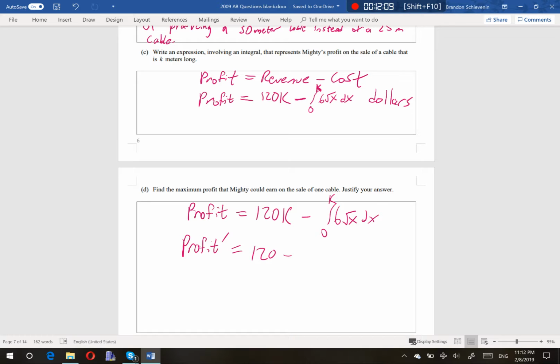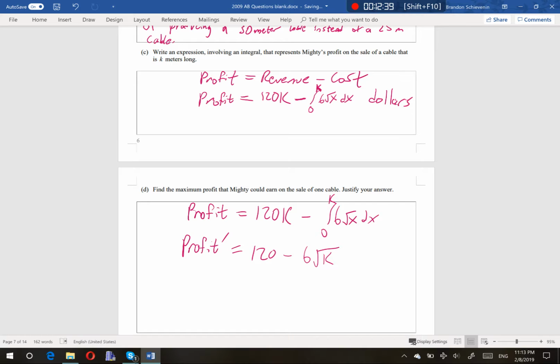When I derive, I would step back down to get back to 6 root x. But because I plugged in my upper bound initially, I would get 6 root k times the derivative of k, which is 1, minus 6 root 0 times the derivative of 0, which is 0. So this will give me 6 root k after I derive. So now I've got an equation for our derivative of profit.